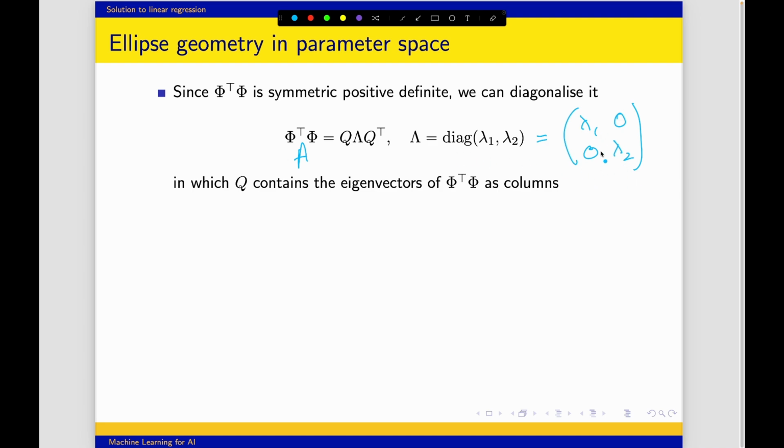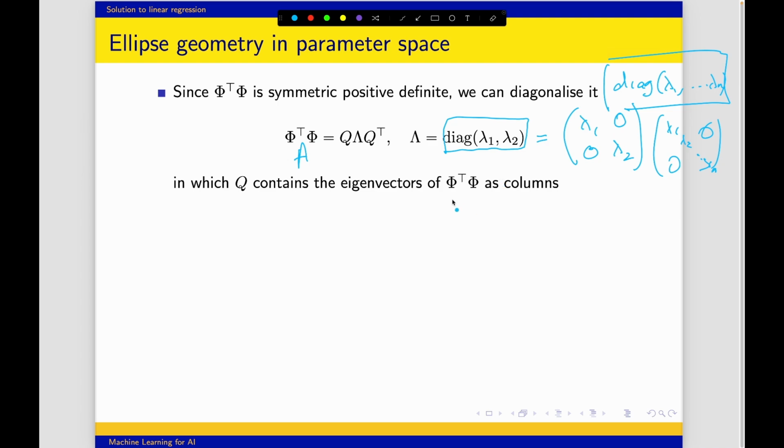And rather than writing this out, we can write it more compactly as diag(lambda 1, lambda 2). And we might write diag(lambda 1 to lambda n), in which case there'd be an n by n matrix with lambda 1, lambda 2 down to lambda n, and everything else is 0. This notation is common for that.